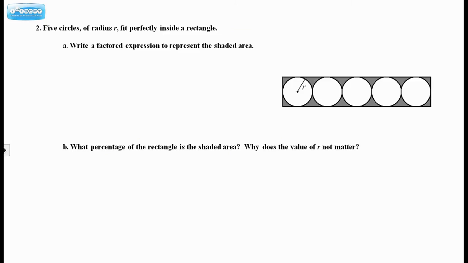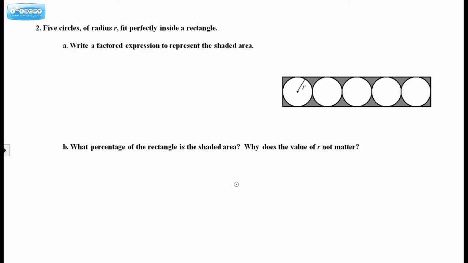Question 2. 5 circles of radius r fit perfectly inside a rectangle. Part A. Write a factored expression to represent the shaded area. Well, I'm not going to worry about this factored business. I just want to come up with an expression in any form that gives the area of the shaded region. Once I have that, then I can factor it.